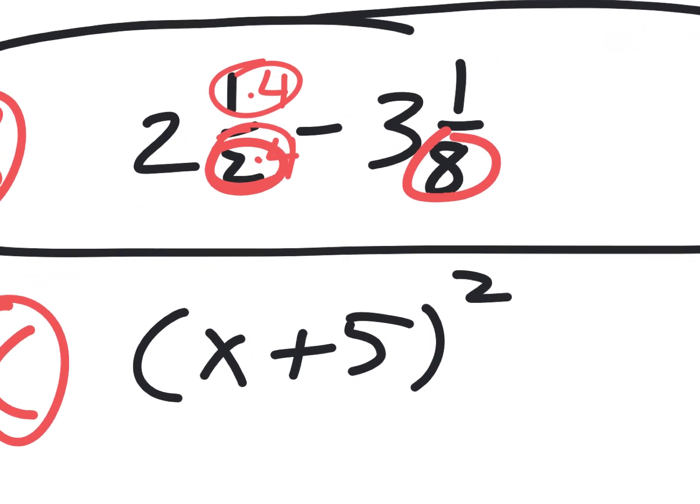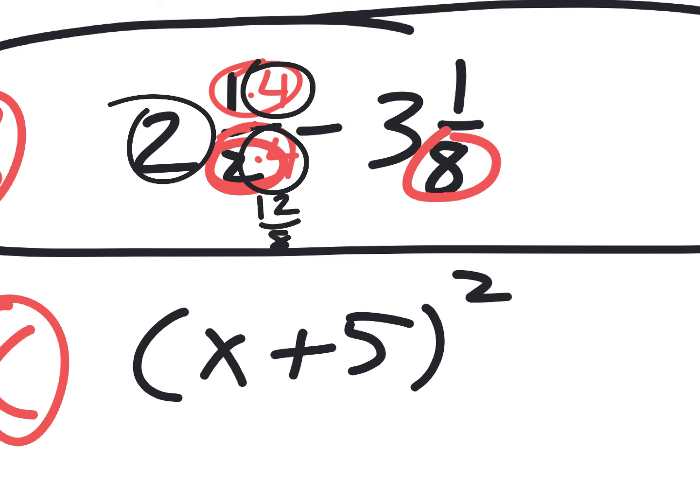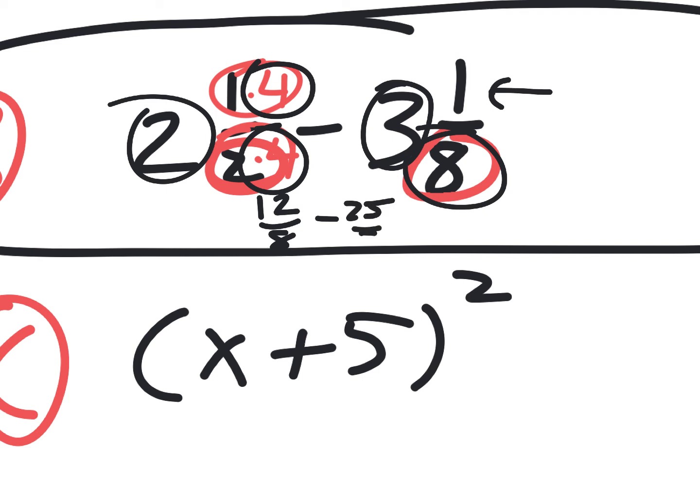And now I have 2 times 4 is 8, 9 to 11, 12/8. And this one, 3 times 8 plus 1, 24 plus 1 is 25/8. And 12/8 minus 25/8 is -20. Nope, it's not. It's -13/8.